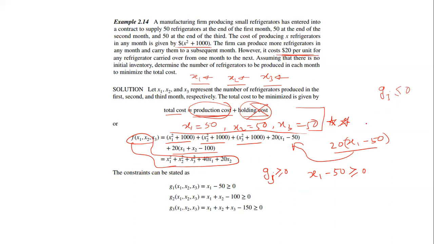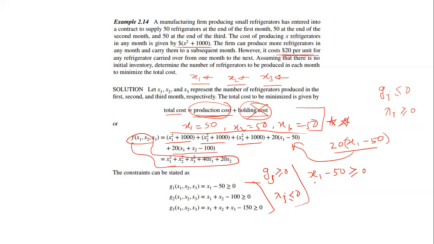Since it is reversed, where our lambda j was greater than 0 before, and since all the conditions are greater than, whenever we look for the lambda values, we should look for lambda j to be less than or equal to 0.